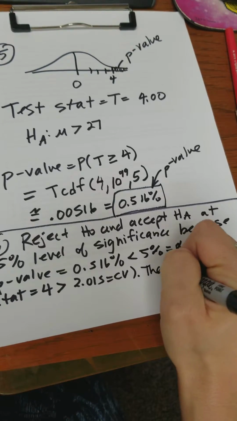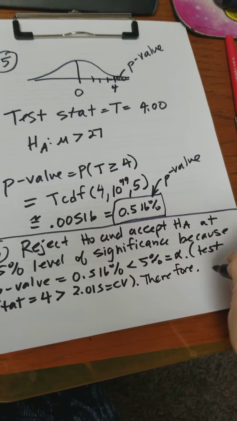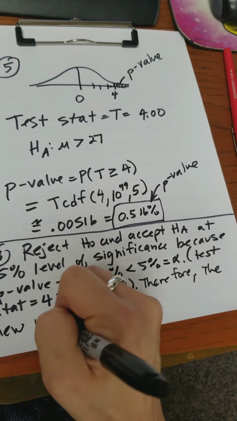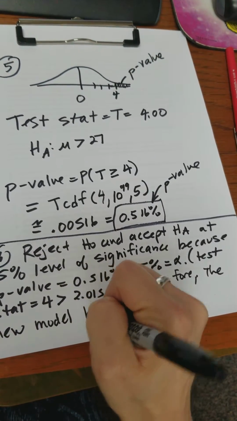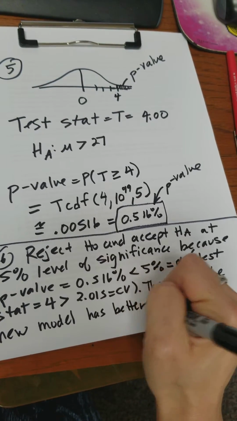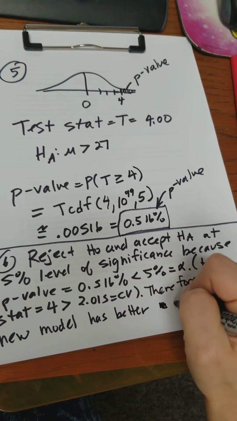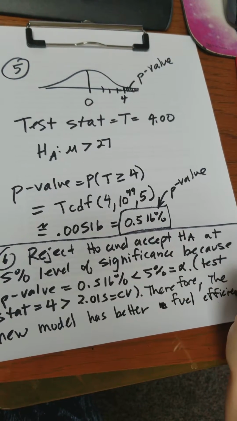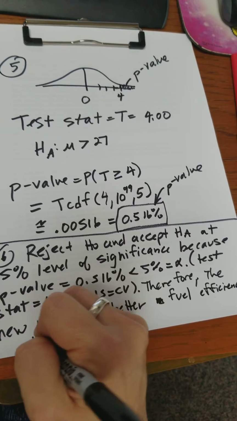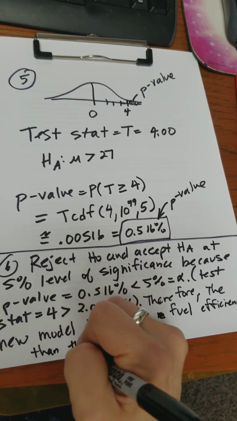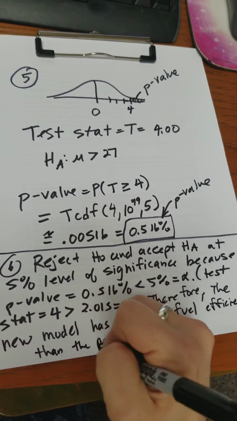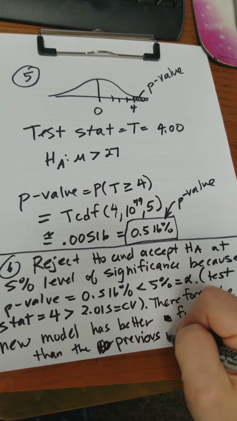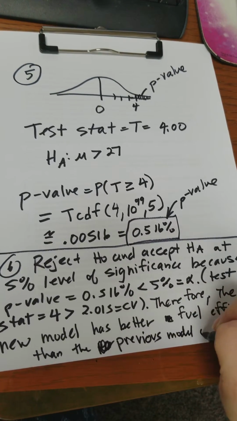So therefore, the new model has better miles per gallon, I'll say fuel efficiency, than the old model, previous model. Okay, that's not how you spell previous. On average.